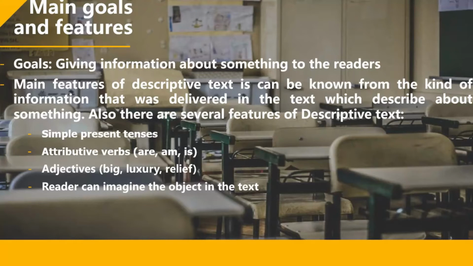Then when reading the text, the reader can imagine the object which is represented in the text. And additionally, the descriptive text can be found in newspaper, magazine, advertisement, and more.